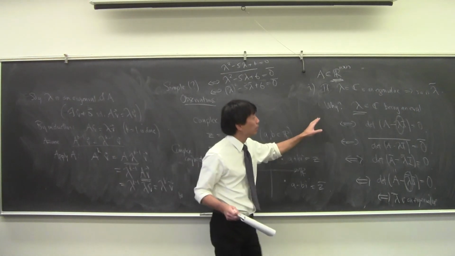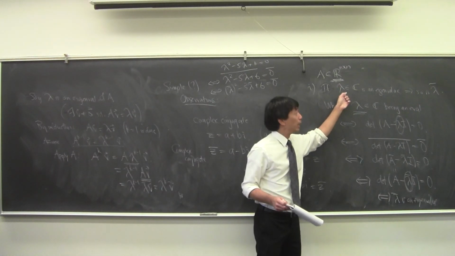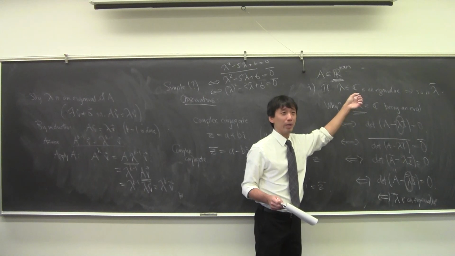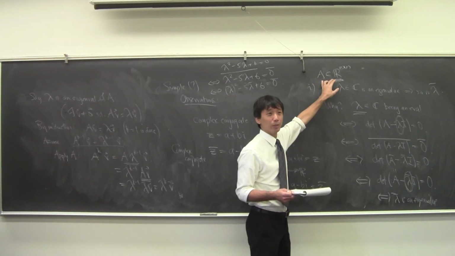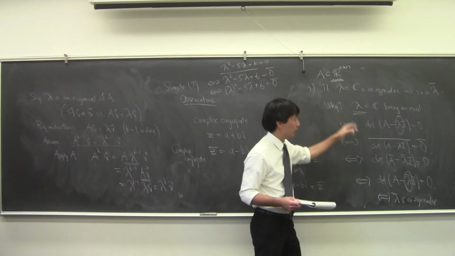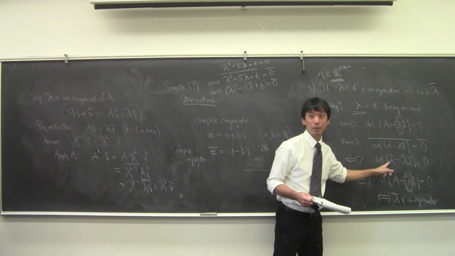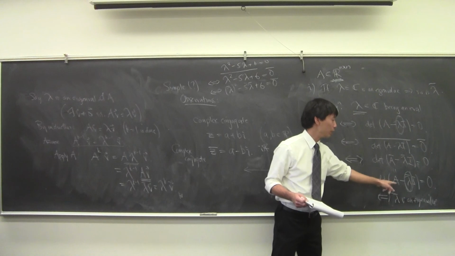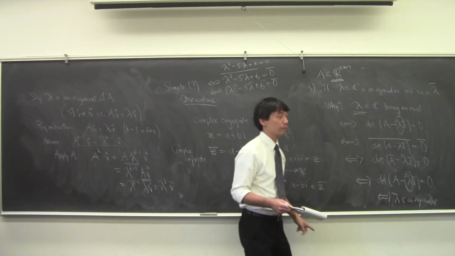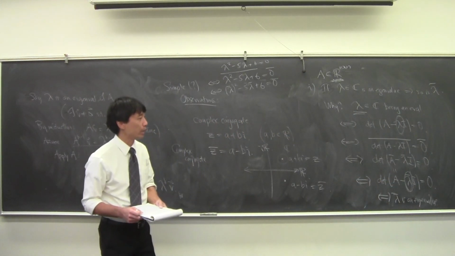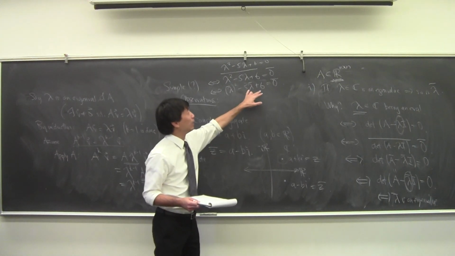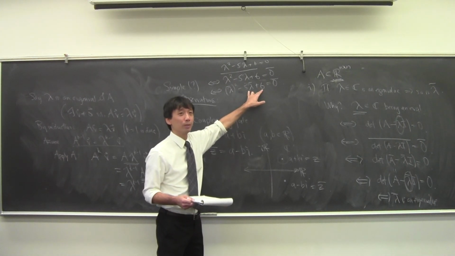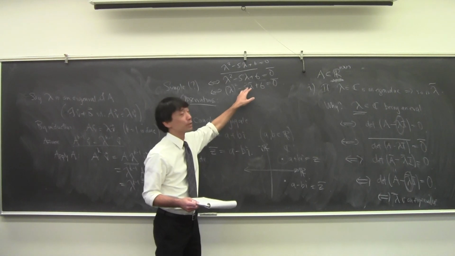So whenever you have an eigenvalue, then lambda bar is also going to be an eigenvalue, as long as your matrix is a real matrix. Not true if your matrix is complex, though, because then when you take the bar of it, your matrix changes. You don't get the determinant of A anymore, because this 5 and 6 might be complex numbers, and then things change.